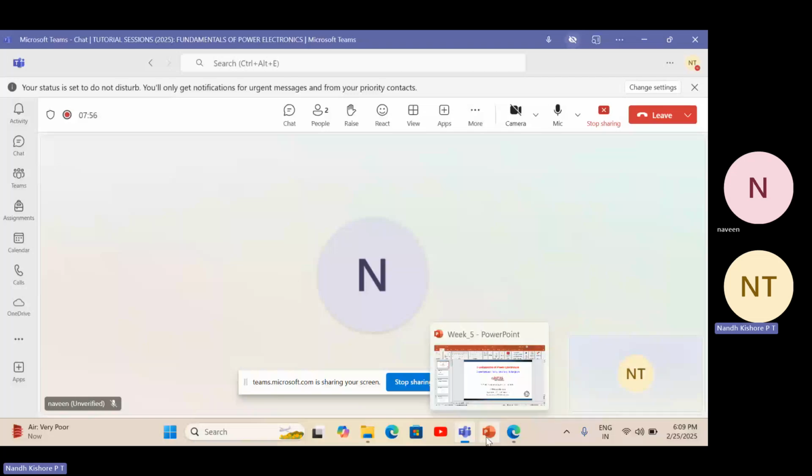Hi, once again. Can you please tell me, or write in the chat box as well, if my screen is visible and my voice is audible?